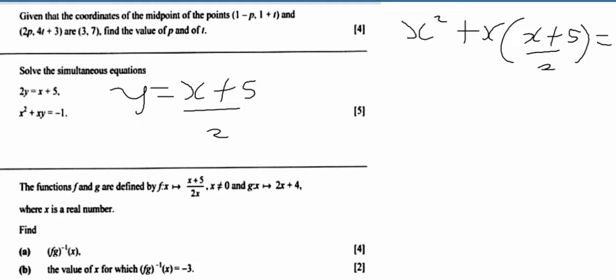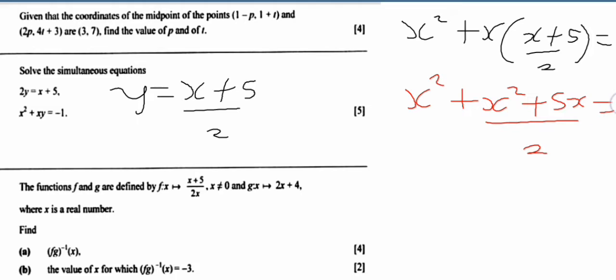Then this x here is going to multiply with everything inside the brackets. So we have x to the power 2, or x squared, plus x multiplied by x, we are going to get x squared. Then x multiplied by 5, we are going to get 5x divided by 2 is equal to negative 1.